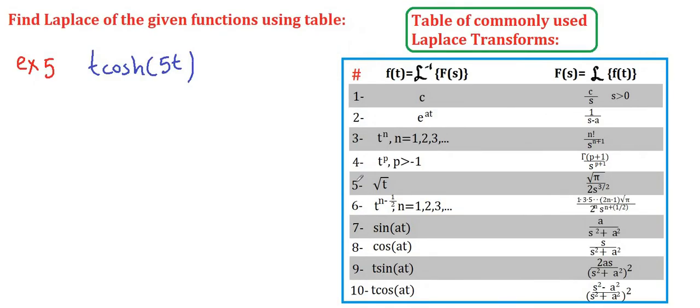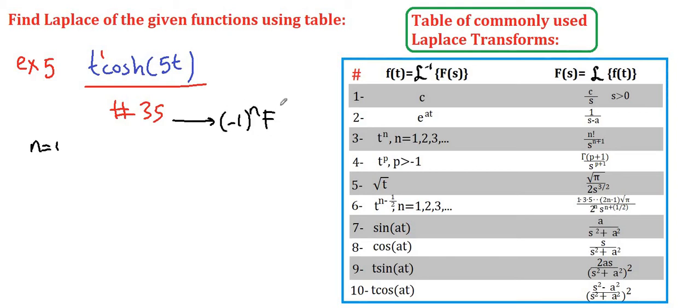Let's write. This is going to be like number 35, where n is equal to 1, because this is t to the 1. And the formula for number 35 is negative 1 to the n times the nth derivative of F of s.